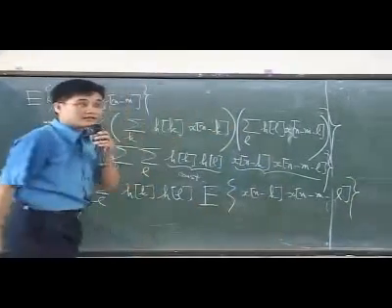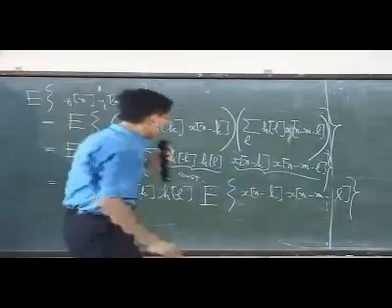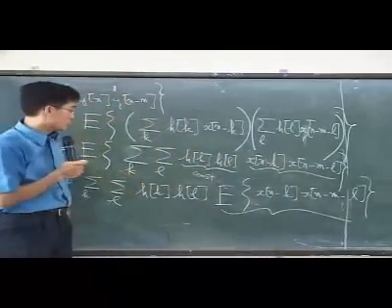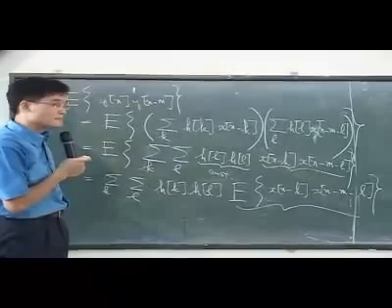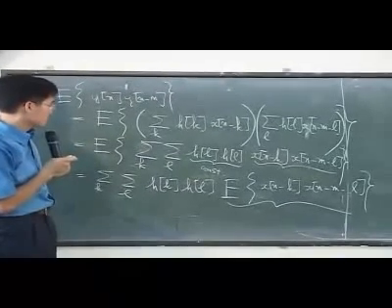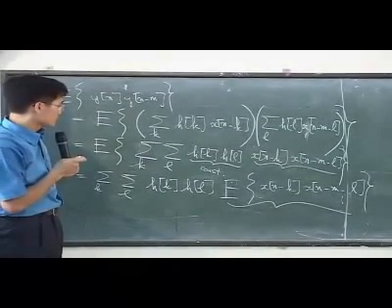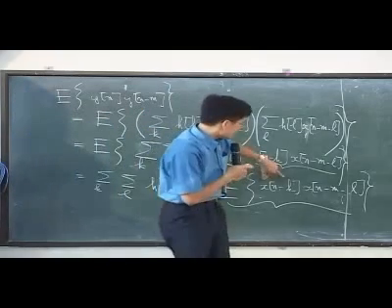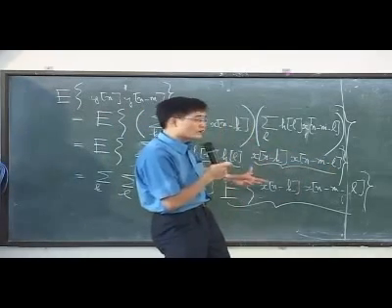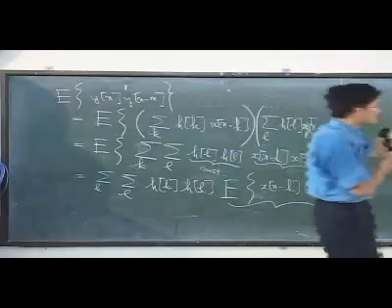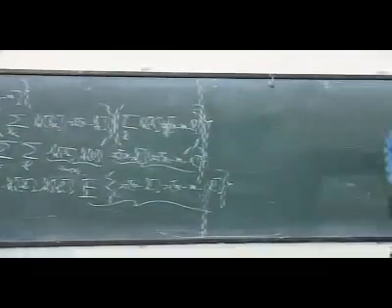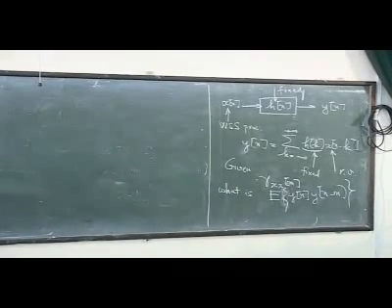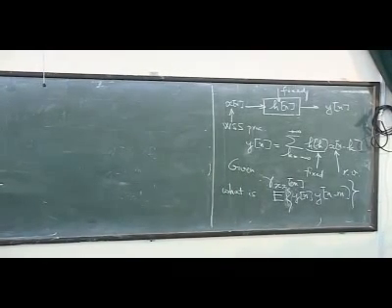Is that clear, anybody? So what is this thing? It is the autocorrelation of this and this. And because x is a wide-sense stationary process, this autocorrelation only depends on the difference between these two.